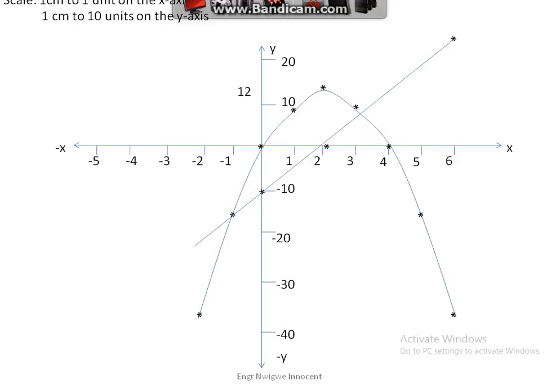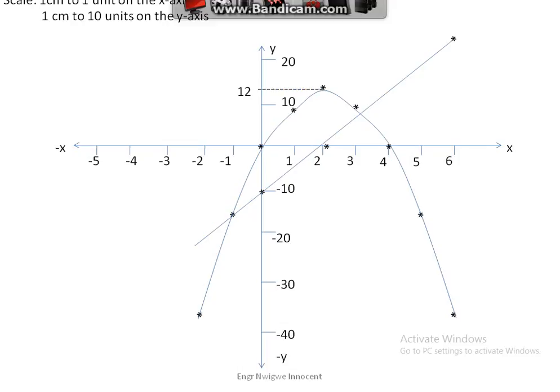And for the first one, we draw a curve using a French curve or a broomstick or any material that is flexible enough for you to make the curves of the graph.